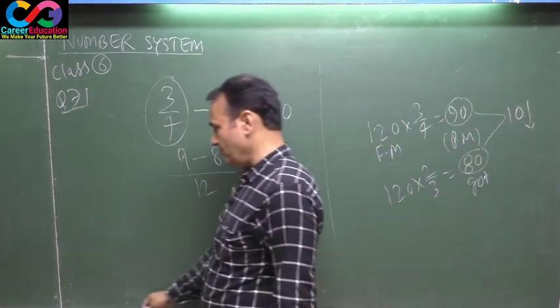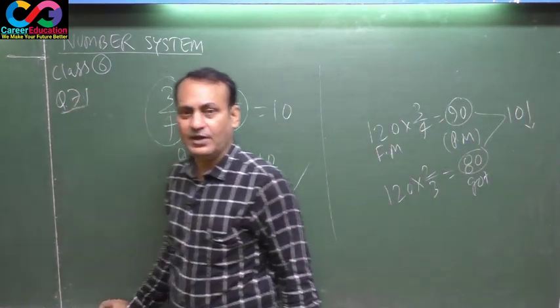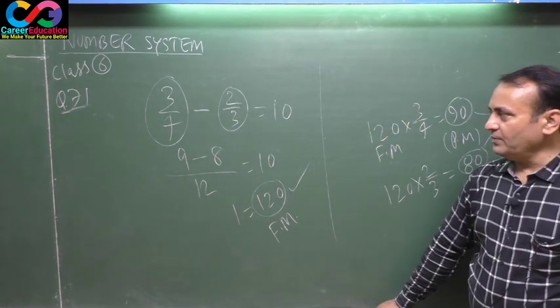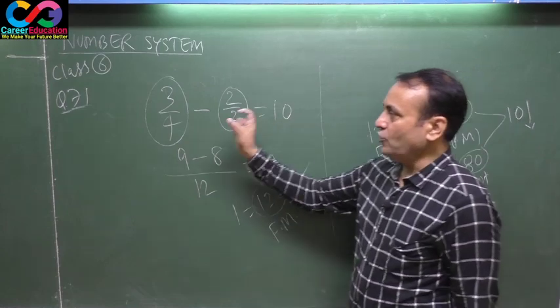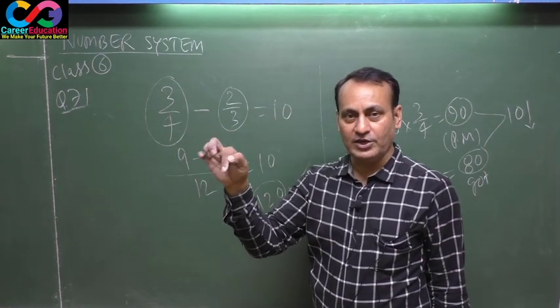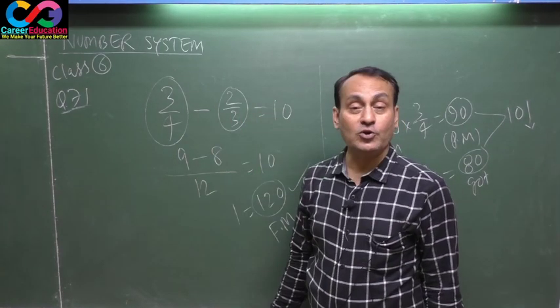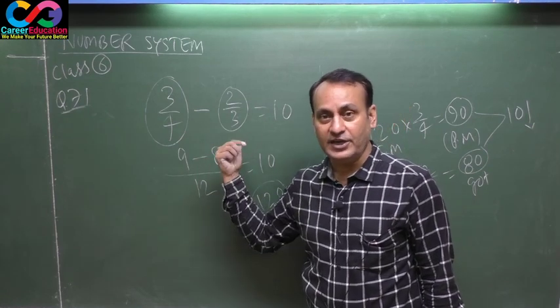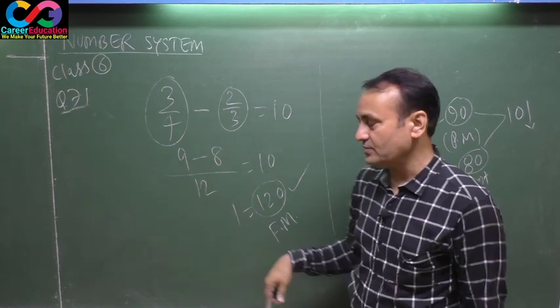No need to test, but for clarification of the concept, I have shown it here. That means 3 by 4 of full marks was to be got, the student got only 2/3, so 3 by 4 minus 2 by 3 equals 10, as he failed by 10 marks.